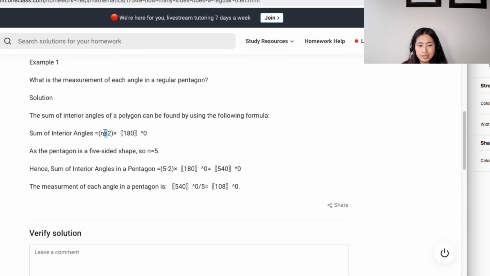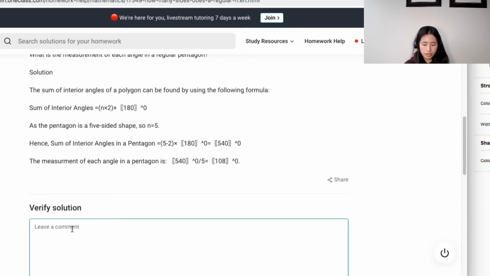So I guess this is a typo. It would change everything completely if you have n times 2. So this should be n minus 2 times 180. This is the sum of interior angles of polygons, right? So that's just a correction. Okay, so the solutions and the answer provided are correct.